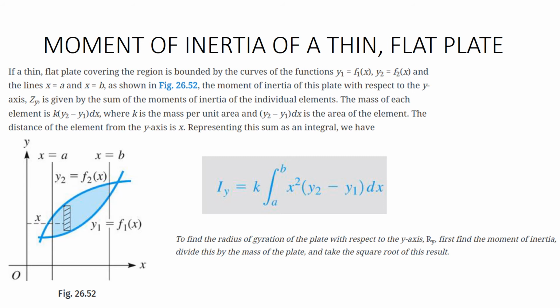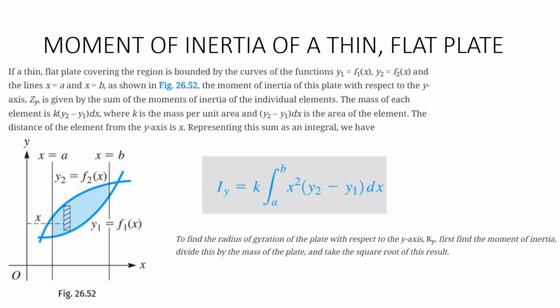So we need to know the mass of whatever this plate is made of. If it's plastic, then the letter K will be a light value, whereas if it was made of iron, then the letter K would be much heavier. And so K is the mass per unit area. The area of the element is y2 minus y1, which is the height of the rectangle, multiplied by dx, which is the width of the rectangle.